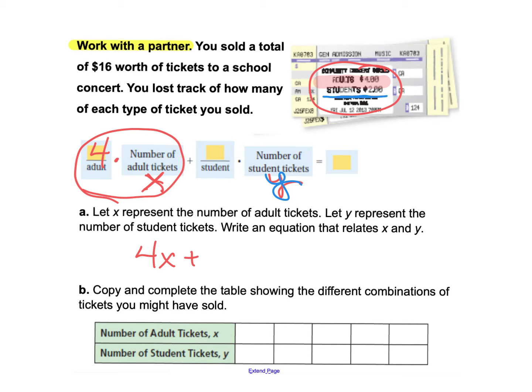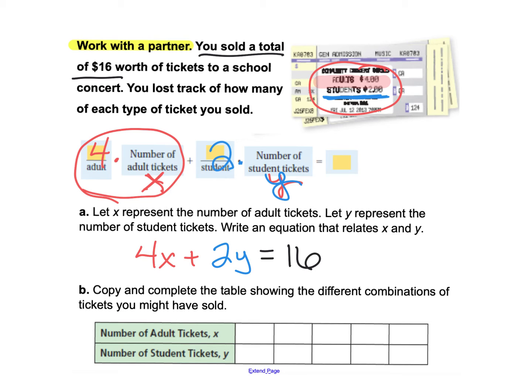Student tickets, if we look up here, were $2. So $2 times the number, so we're going to call it 2Y. And up in the top, it tells us you sold a total of 16. So that's going to equal $16. So there's our equation.